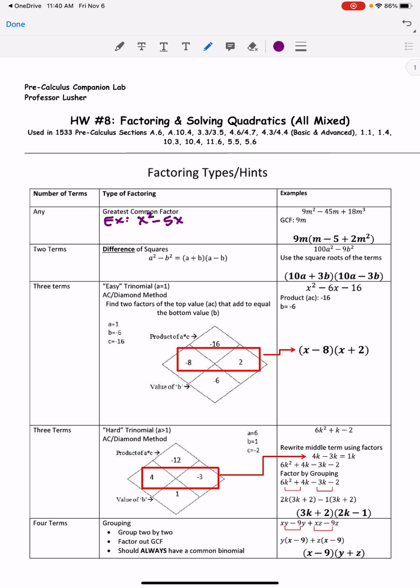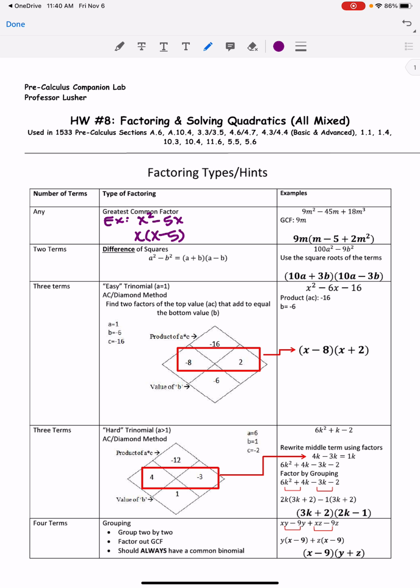And I'm not sure why this stumps so many people, but when you only have 2 terms, always look, even if you've got 3 terms, 4 terms, 5 terms, always look: can I factor out something? In this case, we can factor out an x. And once I factor out that x, we're left with x minus 5.